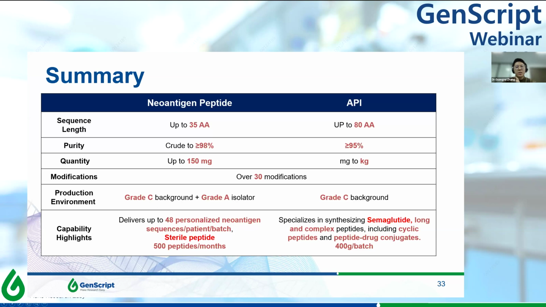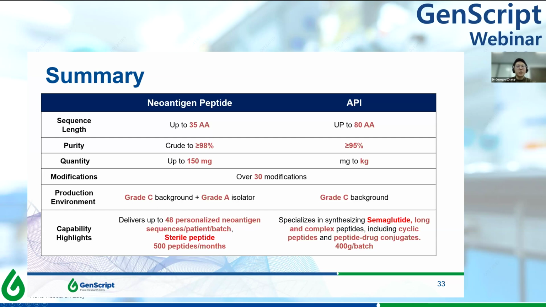If you do not have the CMC part with the API, we can directly give you a quality standard by default. It will include appearance, TFA, residual solvent, and the purity. And if you want to add some test items, we can also do that.